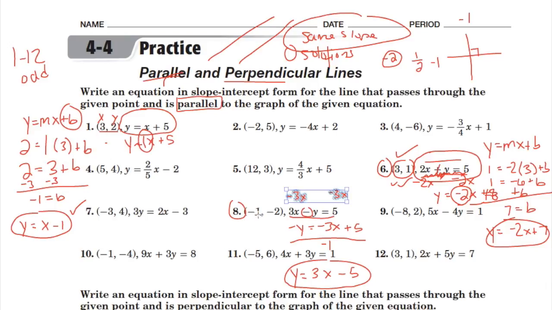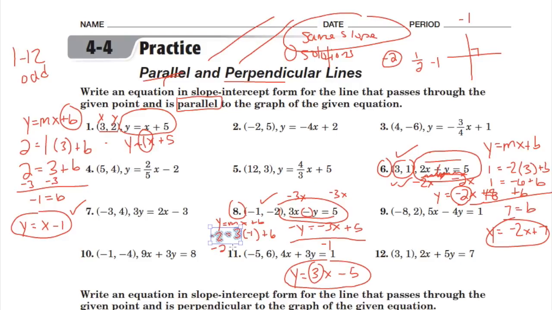Okay, so now we know that the line parallel to this line right here is going to have the same slope and pass through this point, so go ahead and write y equals mx plus b. For my y value, I'll put in -2. For my m value, it's 3. X value is -1, and then plus b.